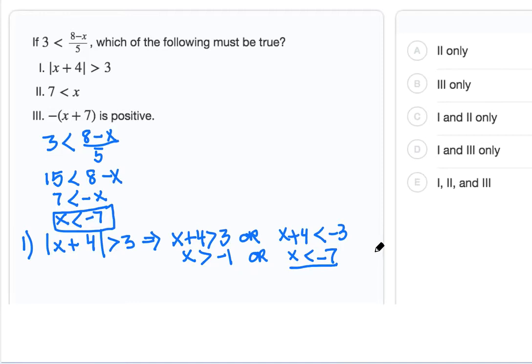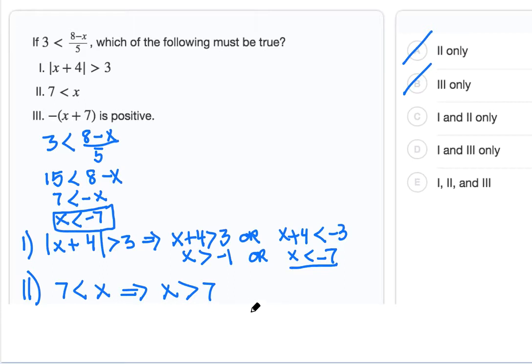So now let's eliminate any answer choices that don't have Roman numeral 1 in them, which means we can cross out choices A and B, and the correct answer has to be C, D, or E. Now let's look at Roman numeral 2. Roman numeral 2 says that 7 is less than x, which is the same as saying that x is greater than 7.